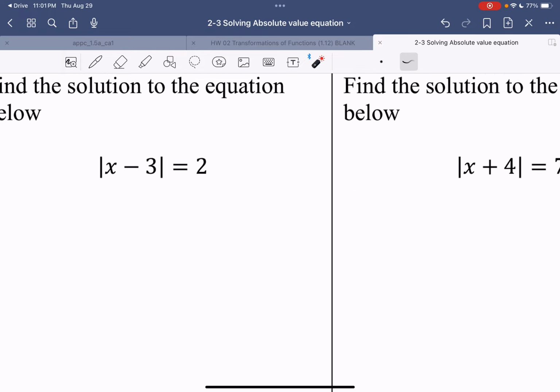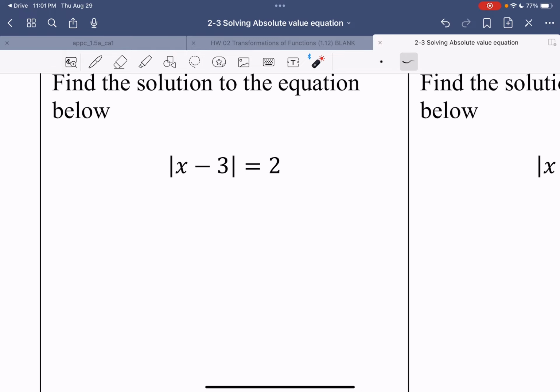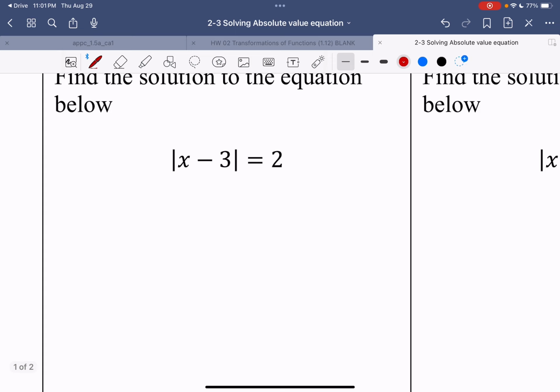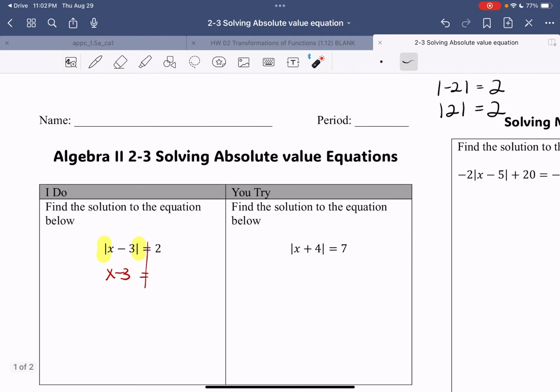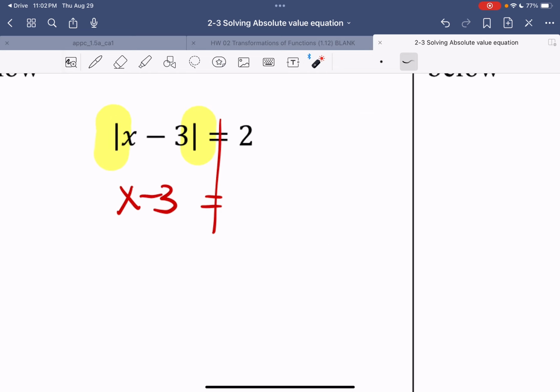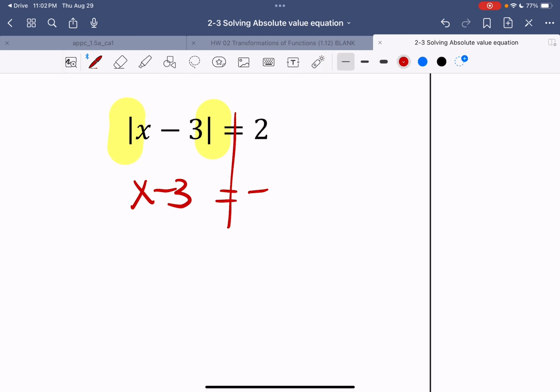So let's do this. Find the solution to the absolute value equation. If you want to solve it, as I said, you're going to have two solutions. First, you want to get rid of this absolute value. If you take it out, you will always have two solutions, one for positive, one for negative. So that's going to give you positive or -2.